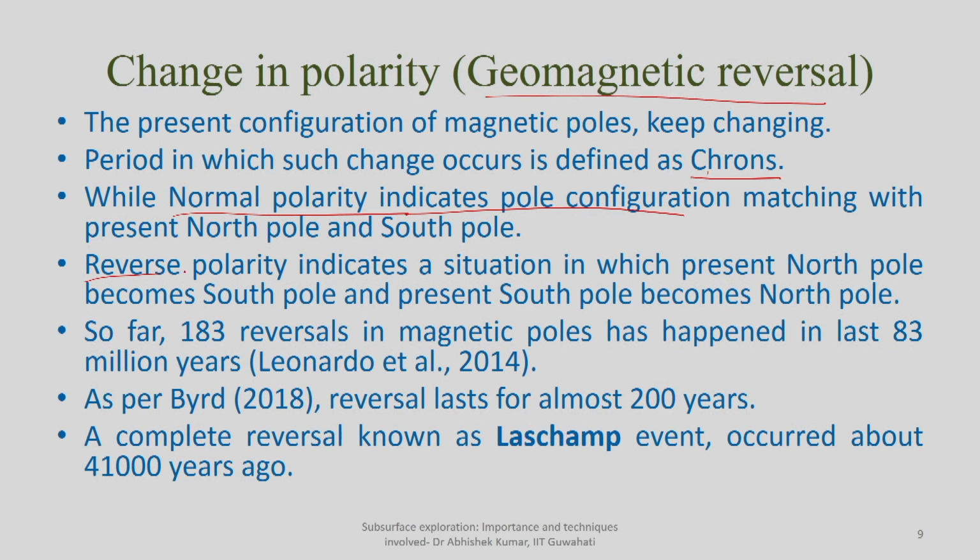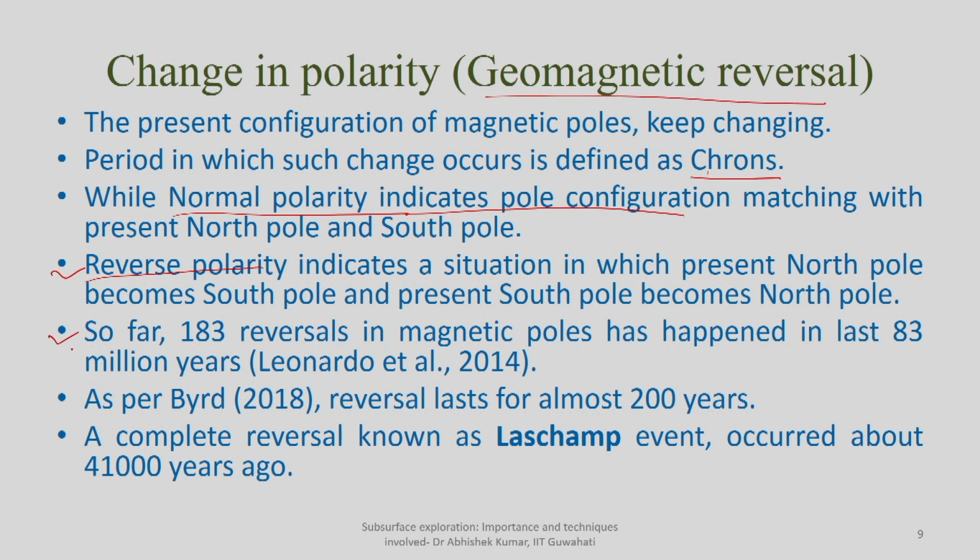Reverse polarity, if it has happened in the past, is an indication that the present magnetic north was magnetic south and the present magnetic south was magnetic north in some particular period in terms of geological time scale.